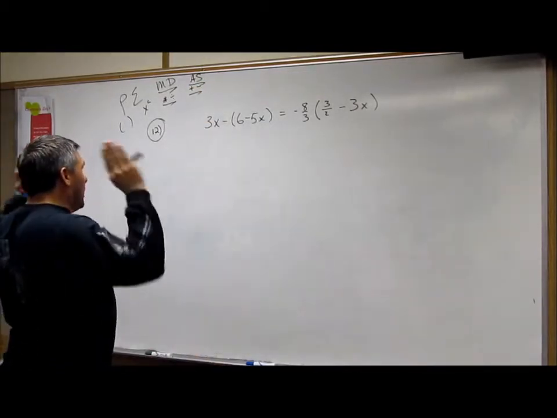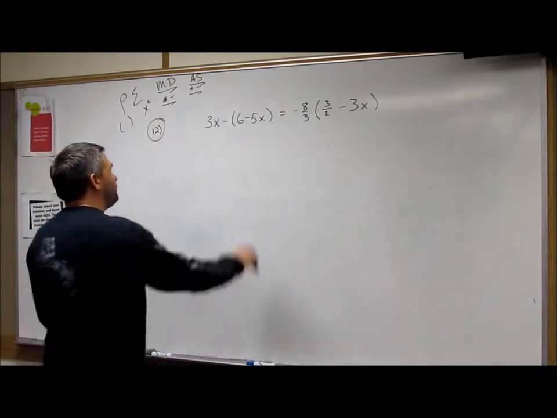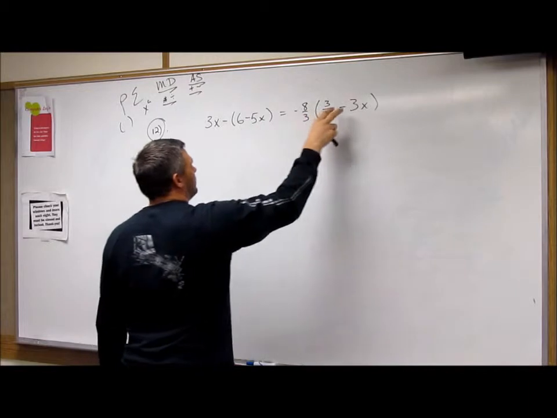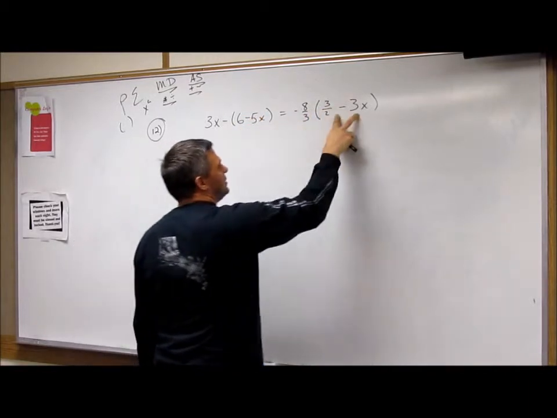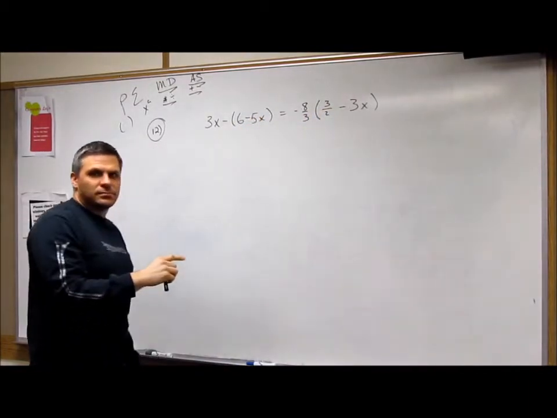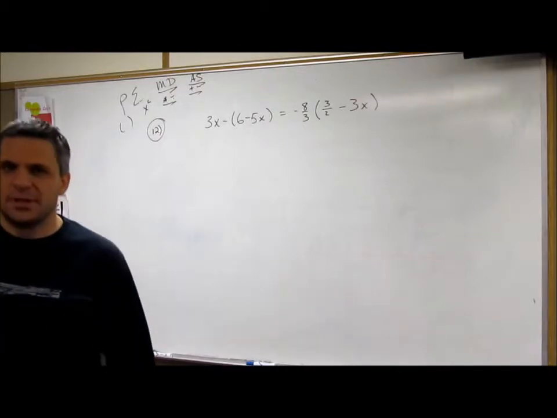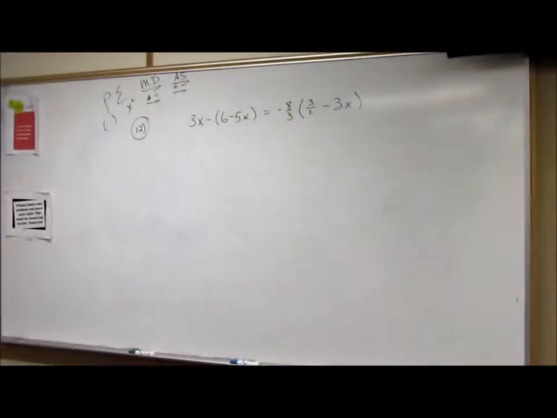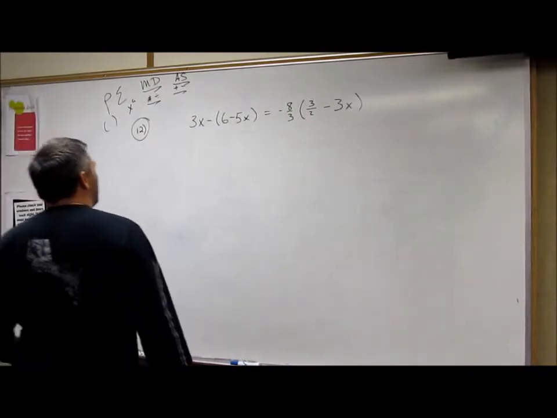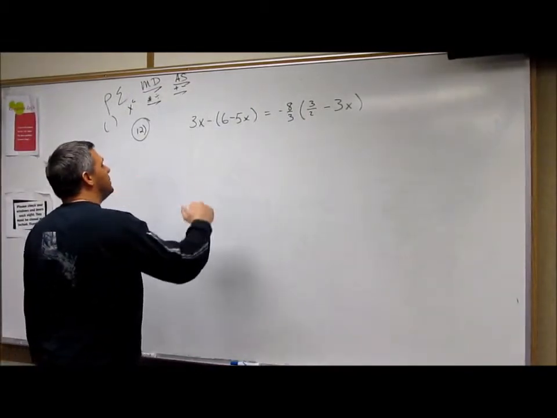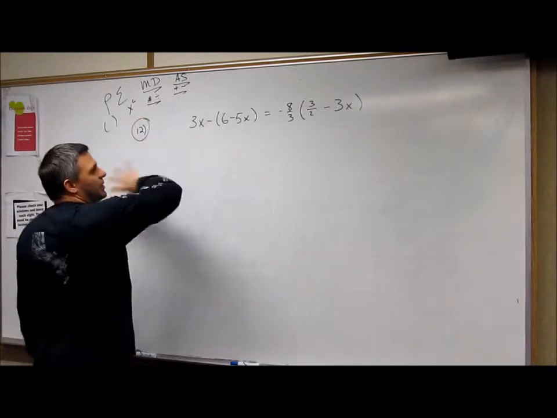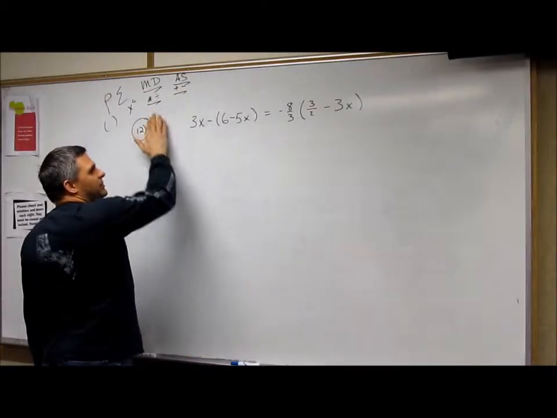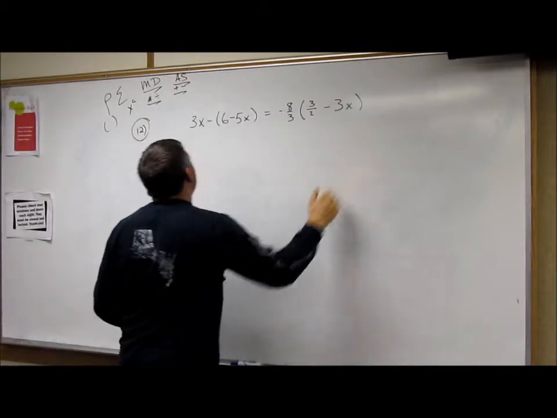Alright, so first, parentheses. All I need to do in the parentheses is... So, this side's done, this side's done. Okay? Then I want to make sure that I do my exponents, but there are none. And then I want to do multiplication division from left to right.